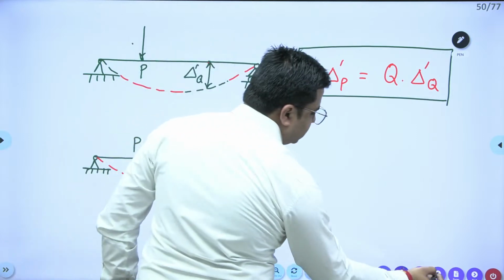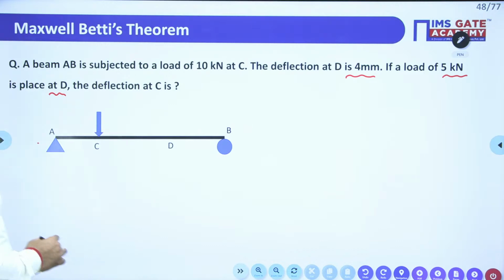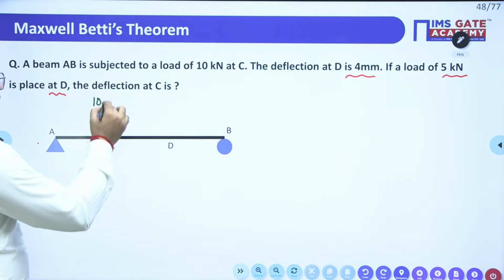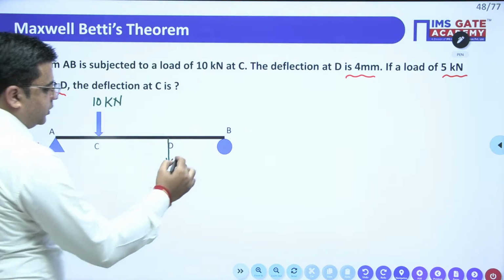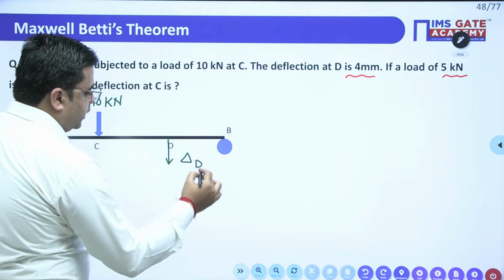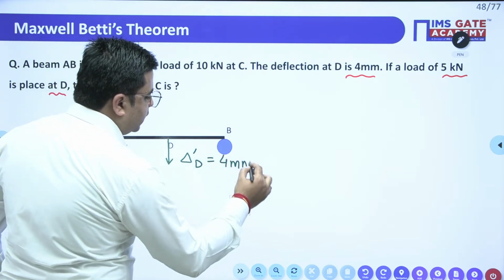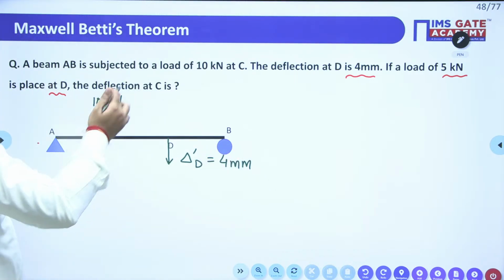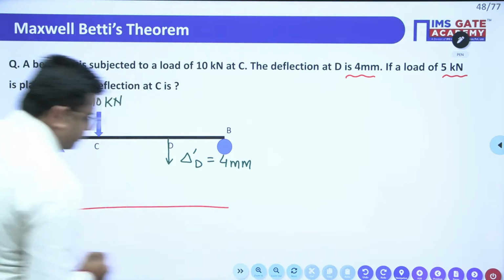Similarly, we apply this theorem of virtual work for this question. In this question, what is given? It is given that due to a load of 10 kilonewton at point C, the deflection occurring at D, this is my delta D dash, is given as 4 mm. In the question, it is asked that if a load of 5 kilonewton is applied, so let me draw another beam.